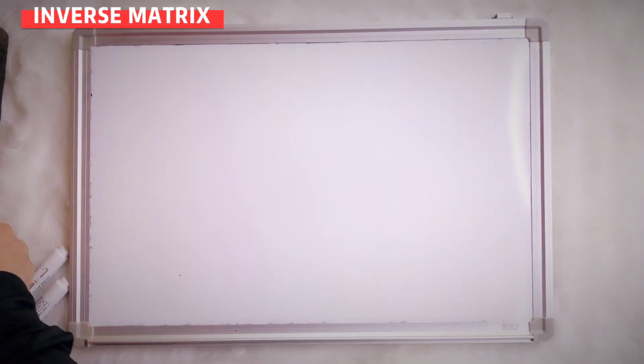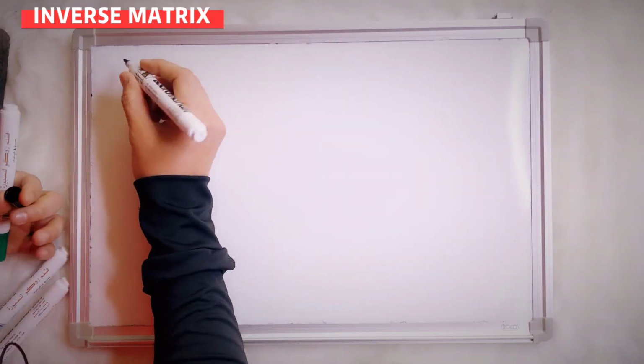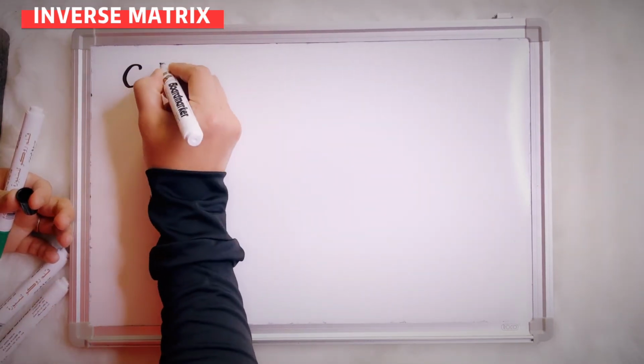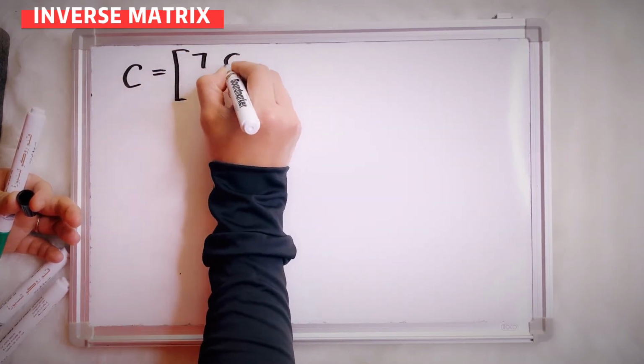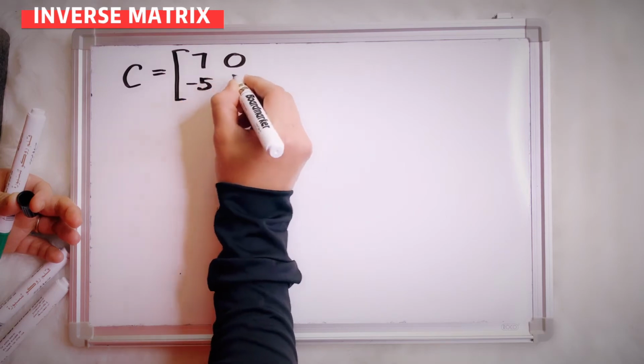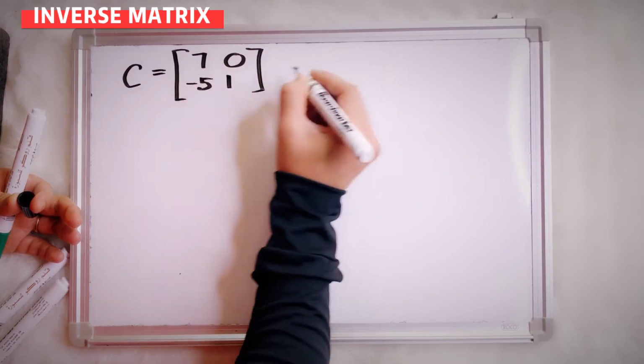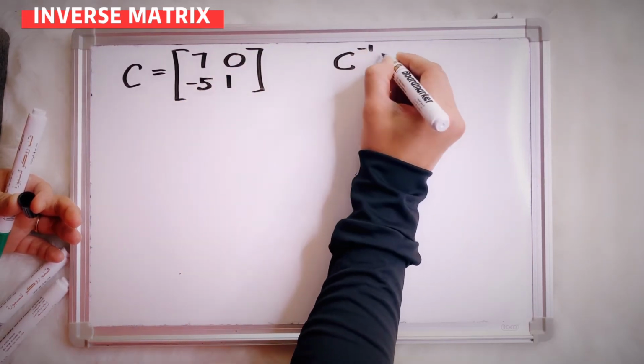So let's say I give you matrix C. Your matrix C is 7, 0, negative 5, and 1. So what is your matrix C inverse?